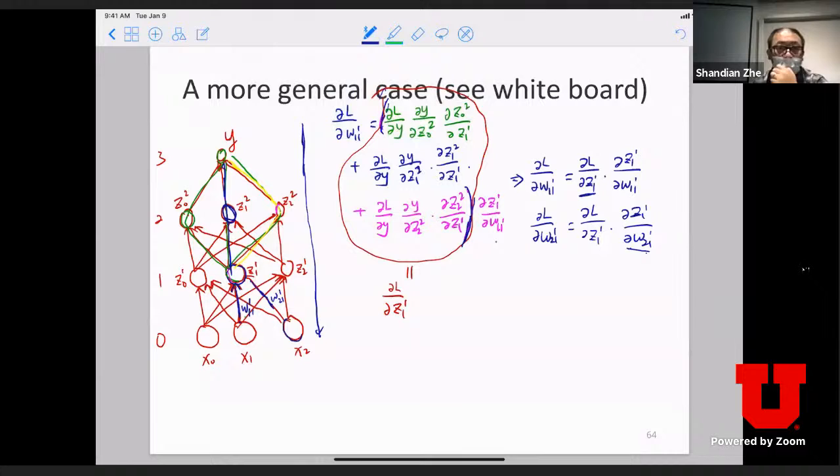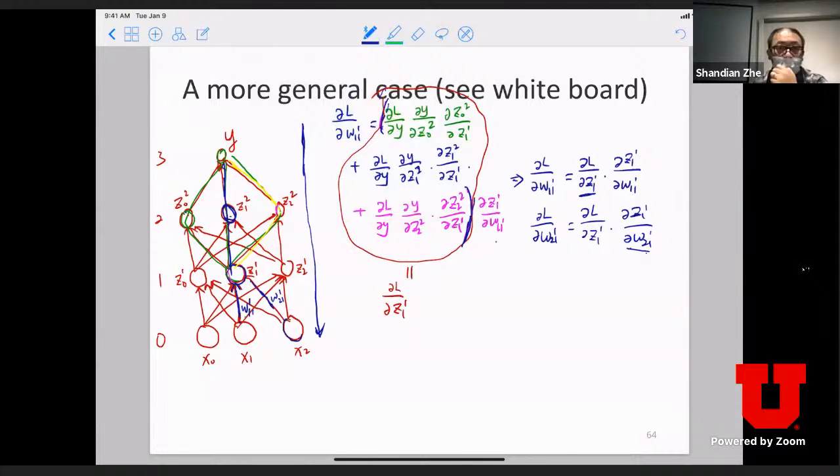We call it the forward direction. But when we do the gradient calculation, we start from the output neuron, then go to the input layer. So it's called backward propagation. Every time we not only compute the partial derivative with respect to the weights, but also the partial derivative with respect to the neurons.